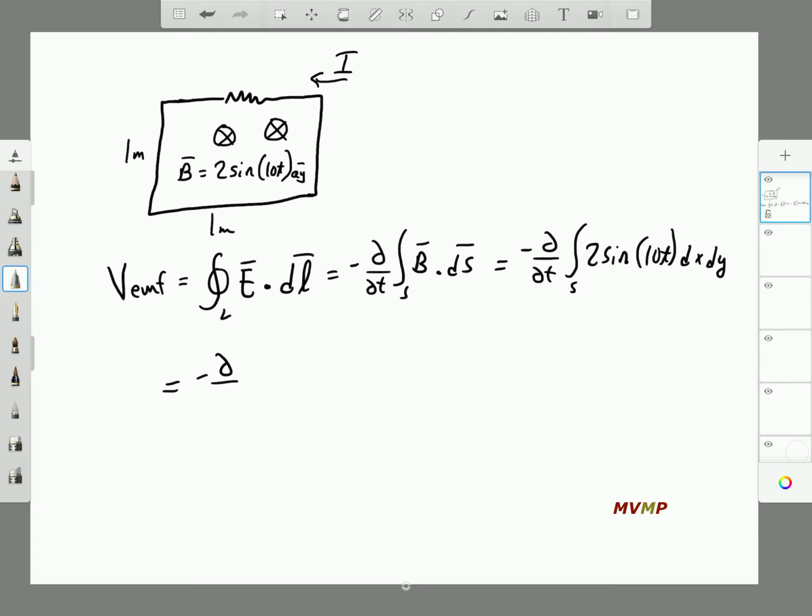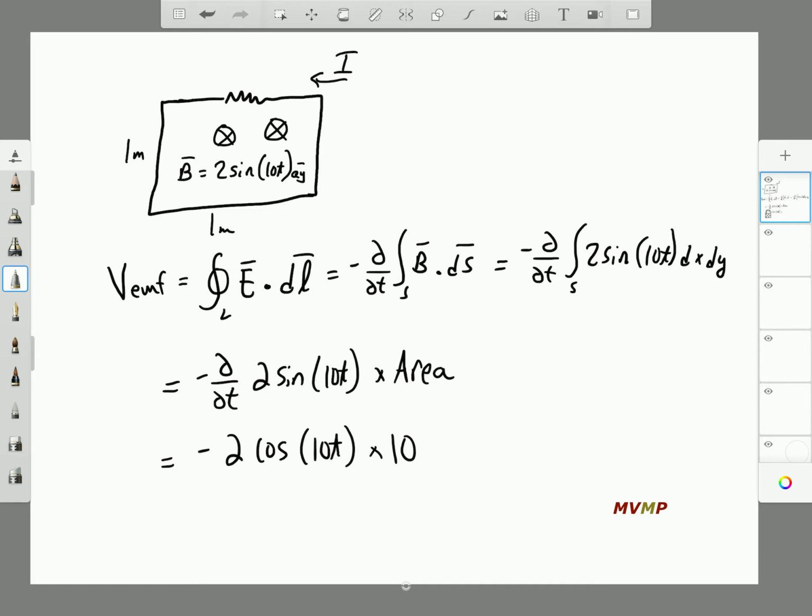equal that to the negative derivative of 2 sine 10t. The dx dy is just the area. So we take the negative derivative, 2 sine, which is still a negative, so it will be 2 cosine 10t times the derivative of 10t with the chain rule, which is another 10.